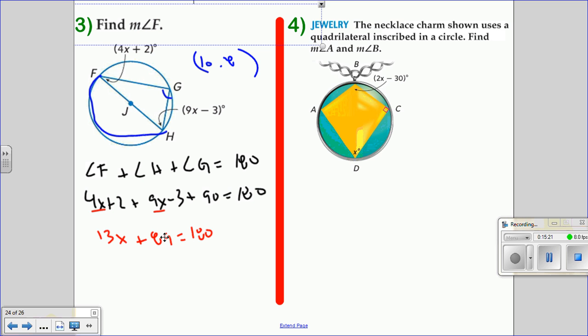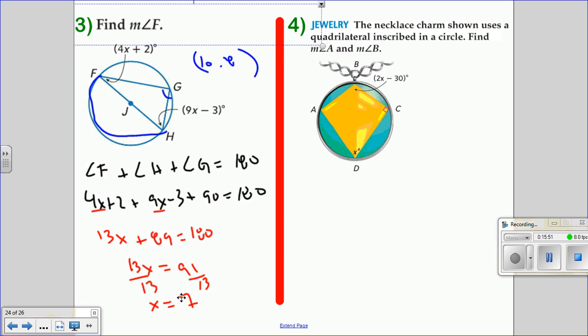Then we have to subtract 89 from both sides, which would leave us with 13x is equal to 91. And divide both sides by 13. And x is equal to, I believe, 7.